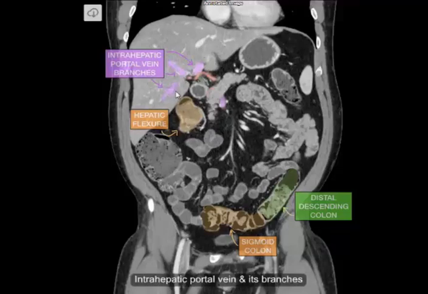Intrahepatic portal vein and its branches. Hepatic flexure. The hepatic flexure is the sharp bend between the ascending colon and transverse colon. Distal descending colon. This is sigmoid colon.